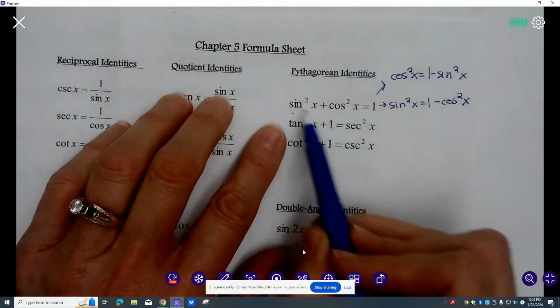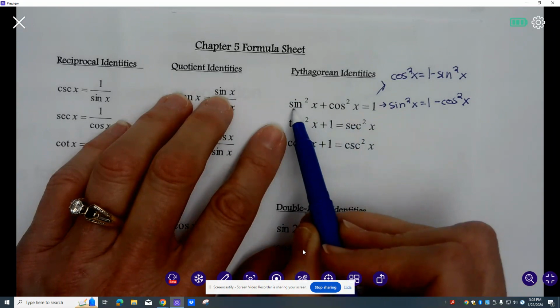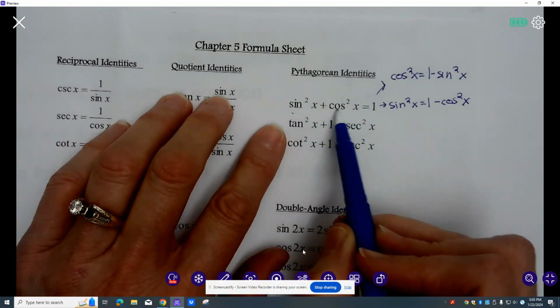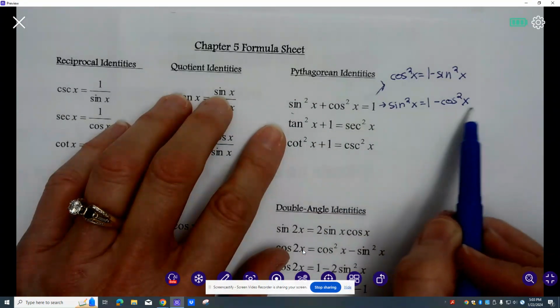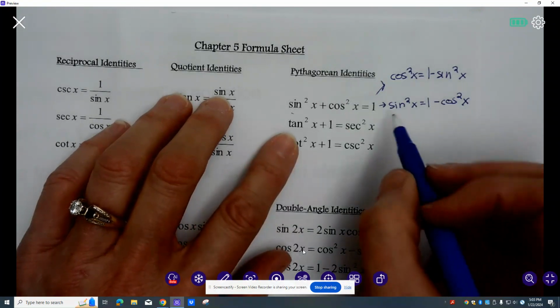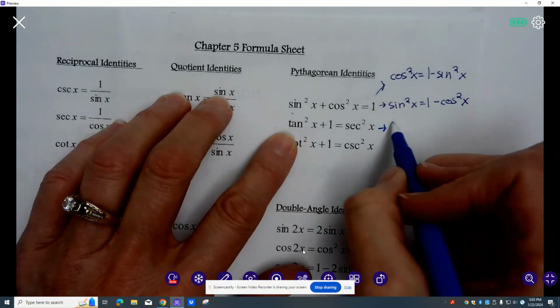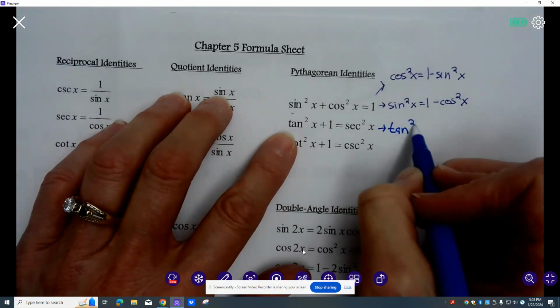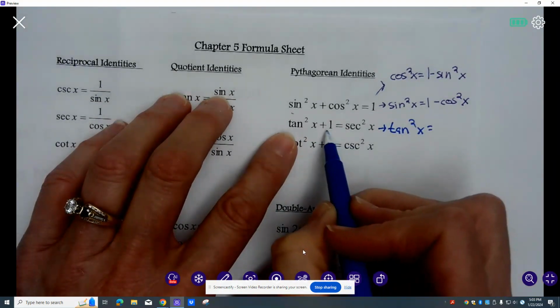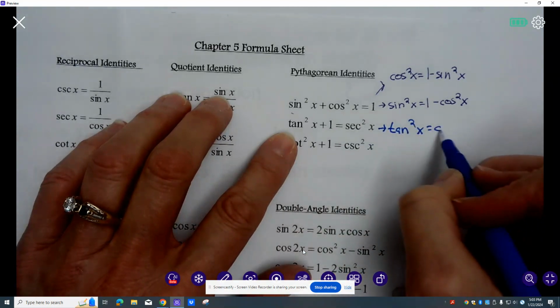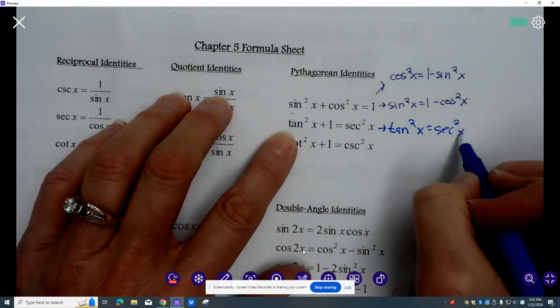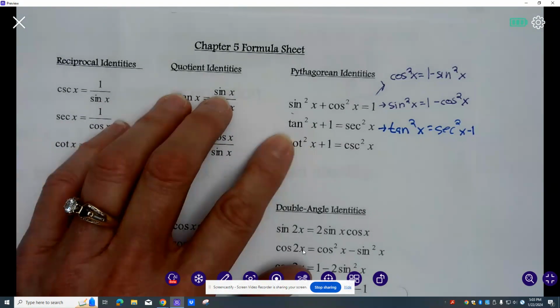So you can do algebra on these. If I want to get sine squared alone, I would subtract cosine squared from both sides, and then I would have this. Same thing here, if I wanted to get tangent alone, so tangent squared of x would be equal to, I would minus this 1 from both sides, and this would get me secant squared of x minus 1.